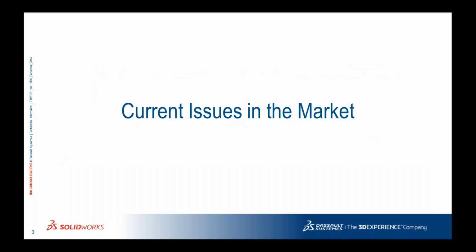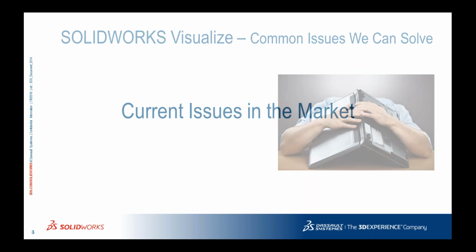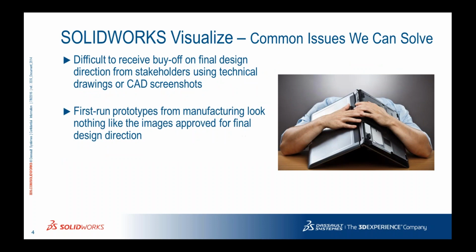Let's first lay out some of the current issues that you might be having with your 3D pipeline. A lot of times it might be difficult to receive buy-off on final design or engineering direction from stakeholders using technical drawings, orthographic views, or rough CAD screenshots. It's really difficult to make any final decision based off of that rough visual.